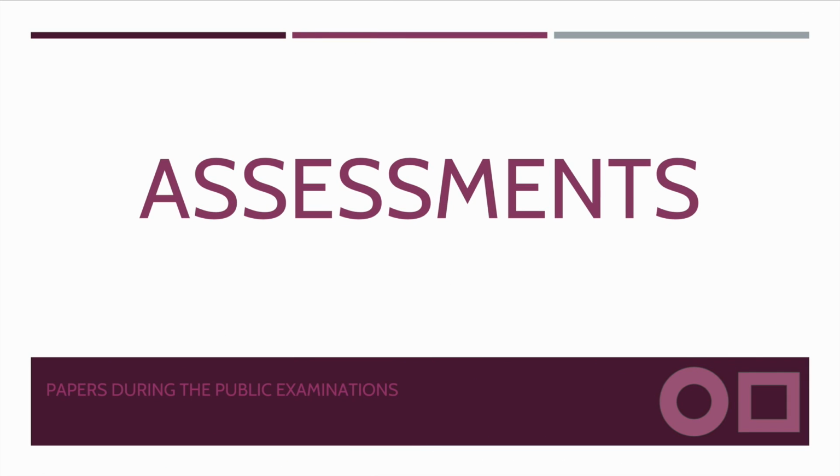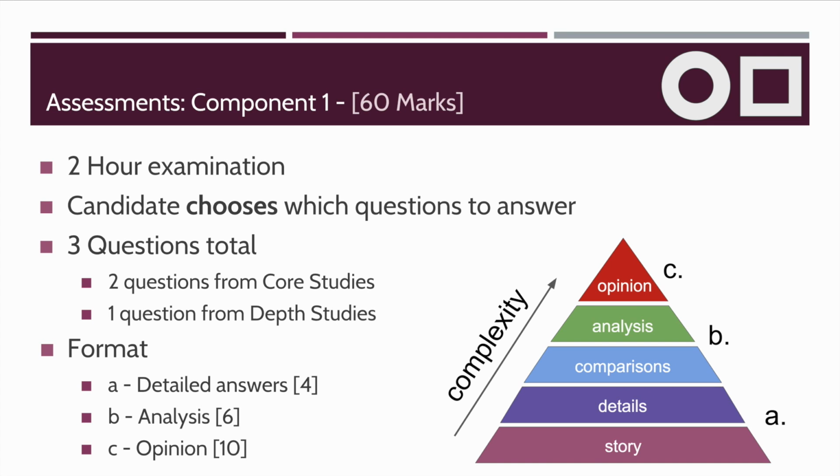Now, let's get into the assessments. For component number 1, or paper number 1, this is an examination that will last for 2 hours, and you as a candidate actually get to choose which questions to answer. Now, what I mean by that is that questions essentially are on different topics. And if you know a topic a little bit better than another topic, then you can choose to answer those questions.